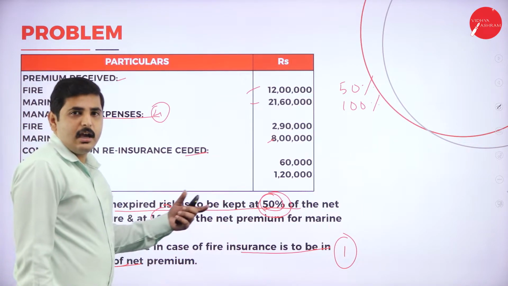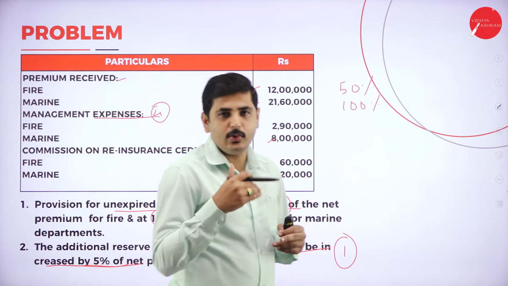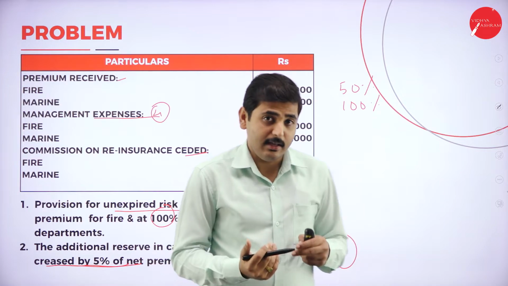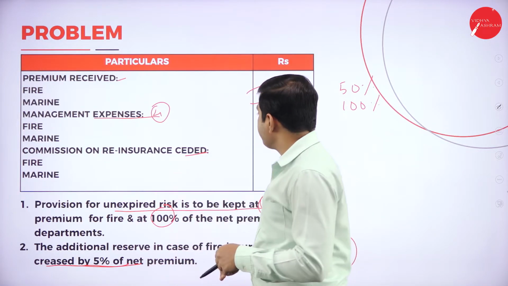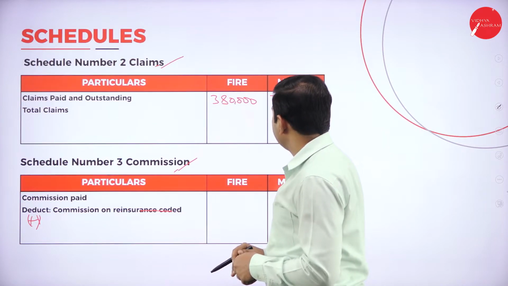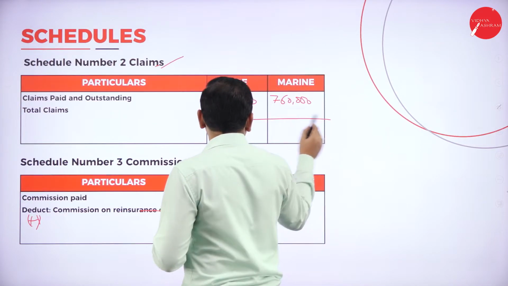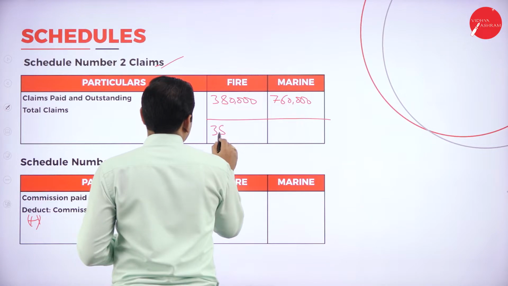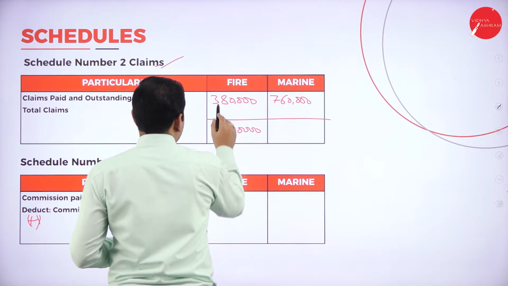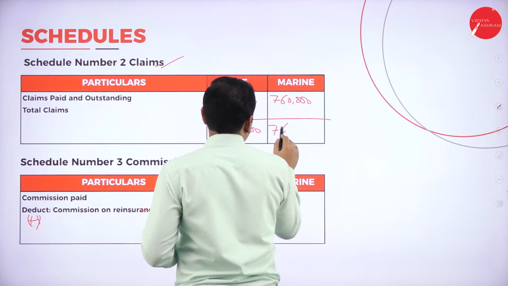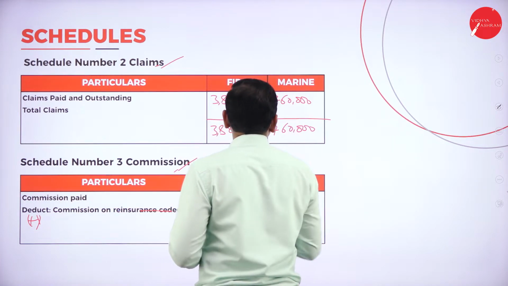If they give any outstanding claim of the current year, you add it to the current year. If there is any outstanding of the previous year, you should deduct it. Now we don't have any outstanding, so 3 lakh 80,000 is the amount, and 7 lakh 60,000 in case of marine.